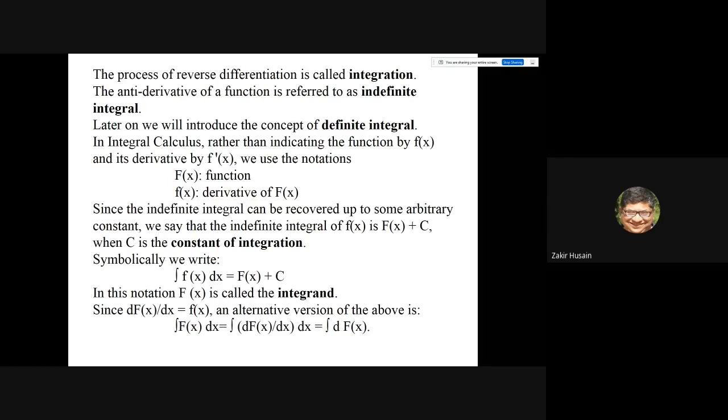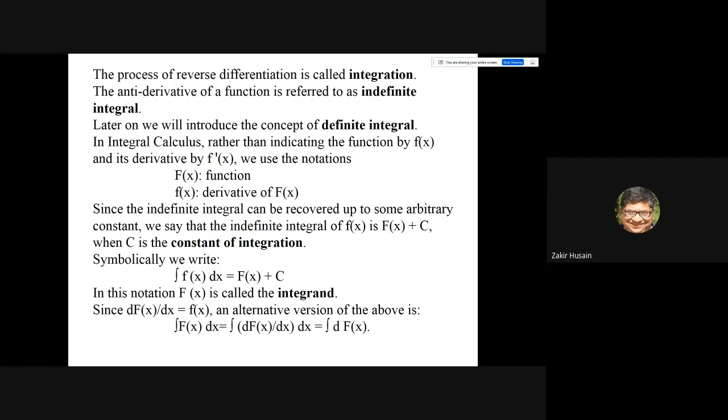Anyway, now in integral calculus, our notations will be slightly different. See, in differentiation, we denote a function by f(x) and its derivative by f'(x). But in integral calculus, the function will be indicated by capital F(x), and the derivative will be indicated not by f' but by small f(x).